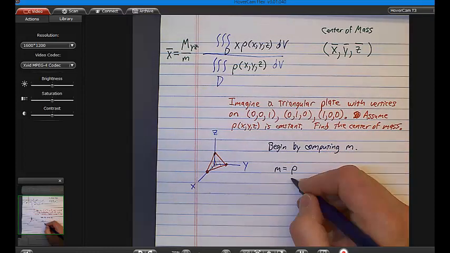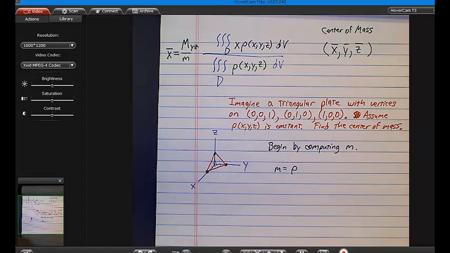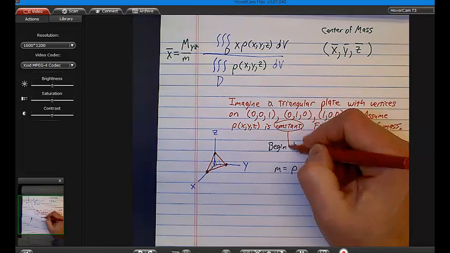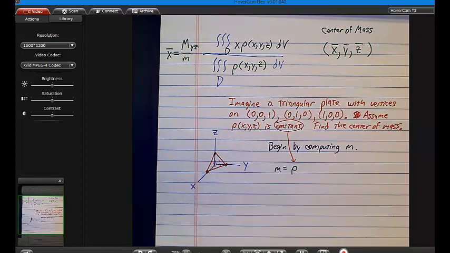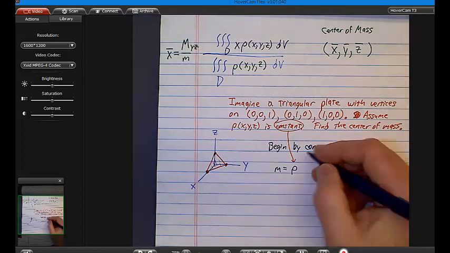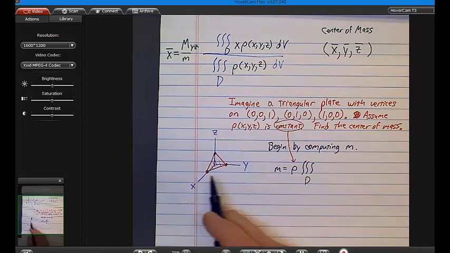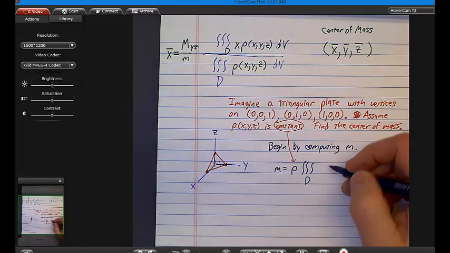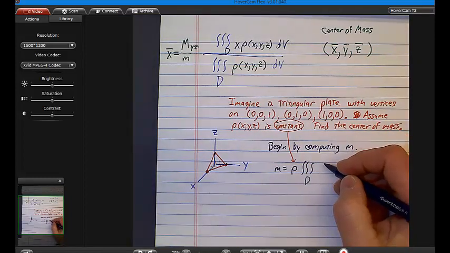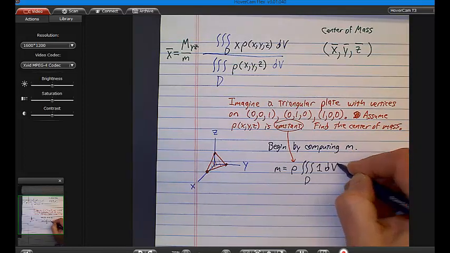Because that's a constant we're saying. We said constant, so that's rho, times the triple integral over D, where D is the triangular plate, of 1 dV.